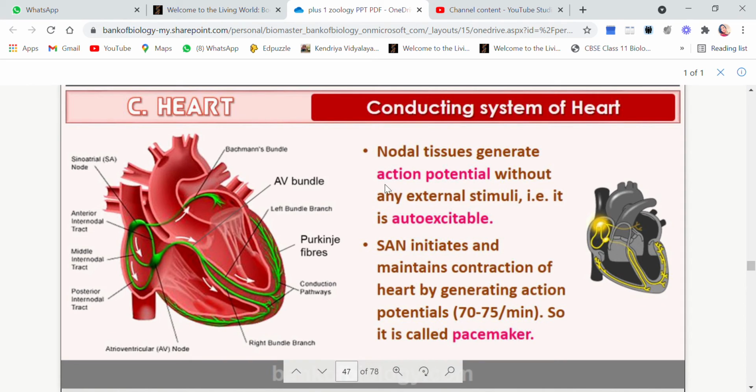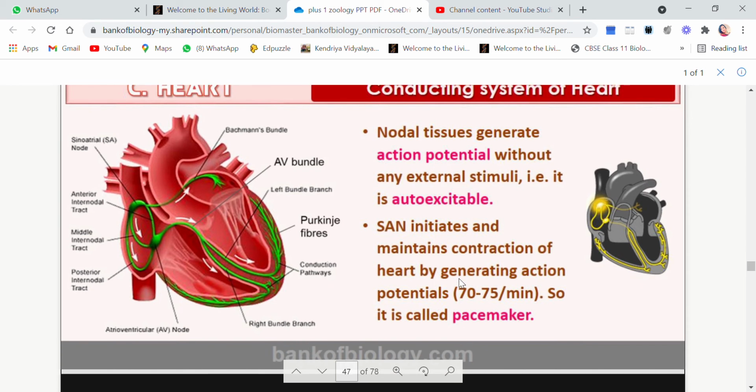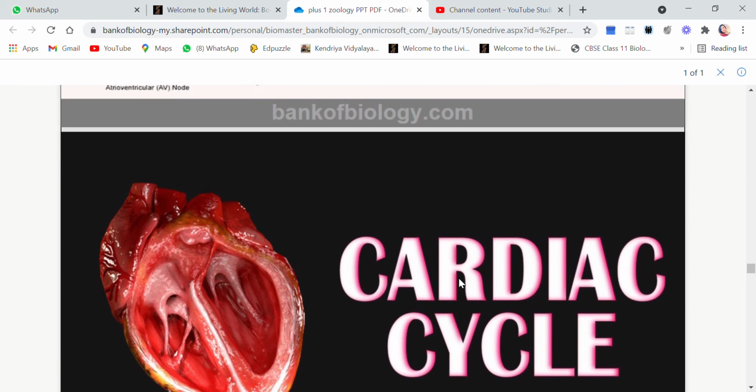Now, if the SAN is not giving action potentials, then how will the heart beat? So, in that case, the SAN is replaced by an artificial pacemaker which will do the same function done by SAN. Am I clear? I hope this is clear to you.